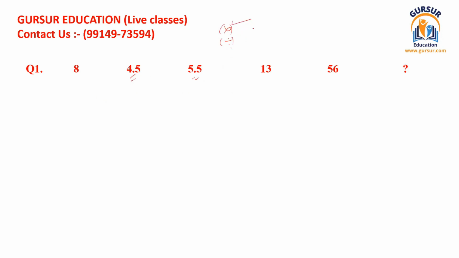Now I know that you may not understand what I have told you right now, but when we actually apply these, you will get to know what I meant. So here we have to find how 4.5 comes on the basis of 8, how 5.5 comes on the basis of 4.5, how 13 comes on the basis of 5.5, and how 56 comes on the basis of 13.